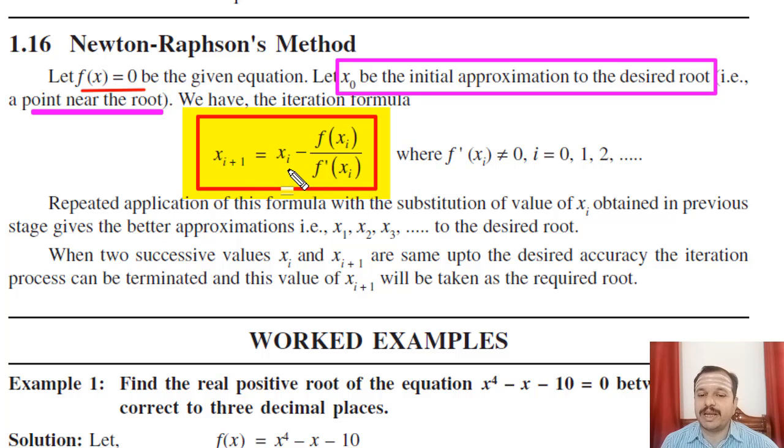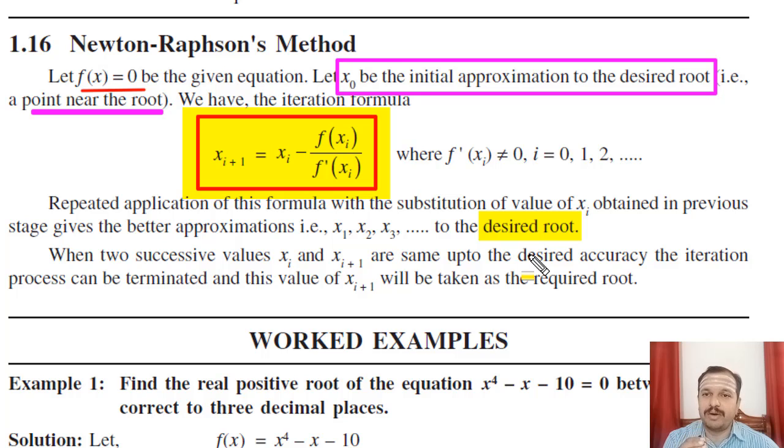The repeated application of this goes on giving us improved values of the desired root, and when two successive values obtained in two consecutive steps are the same up to the desired accuracy, that is, up to the said number of decimal places, we stop. You have to look at what has been asked in the question, up to 3 decimal places or 4 decimal places.